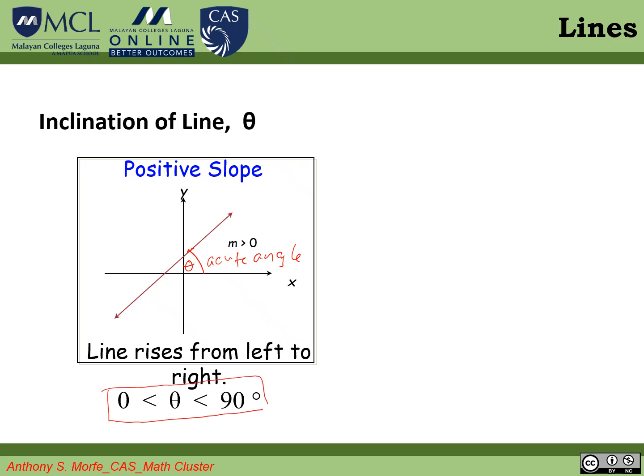Theta could have a value between 0 and 90 degrees, excluding 0 and 90 degrees, because if you draw it on a number line, this is 0, this is 90 degrees.